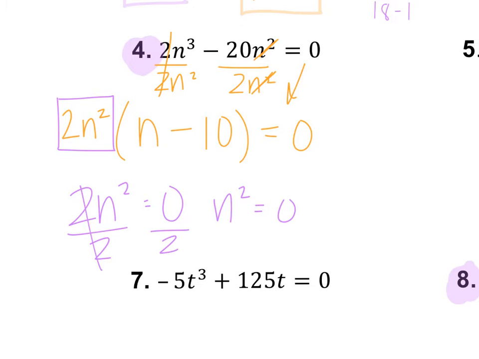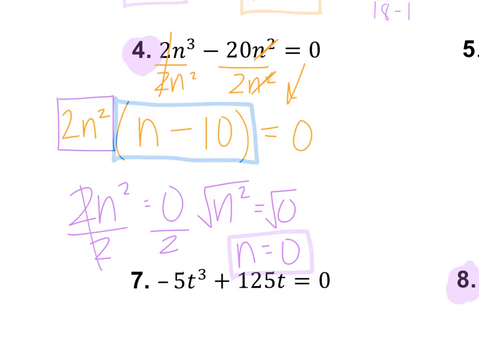Does anybody know what operation I can do to get rid of an n squared term, to make it a regular n term? What is it? Good, I can take the square root of both sides, and that would get me n equals 0. Okay, so there's my first solution. All right, so now I need to set my second part equal to 0.